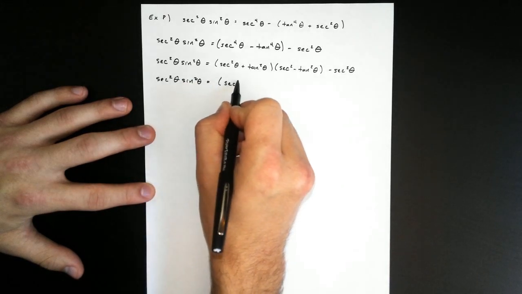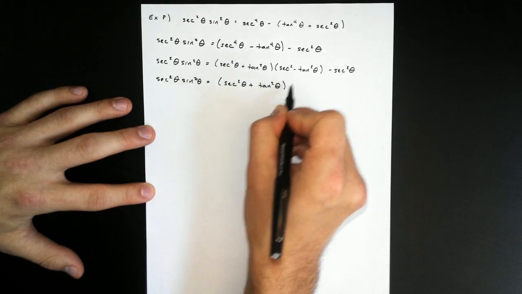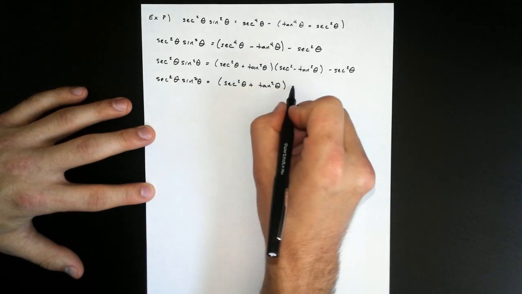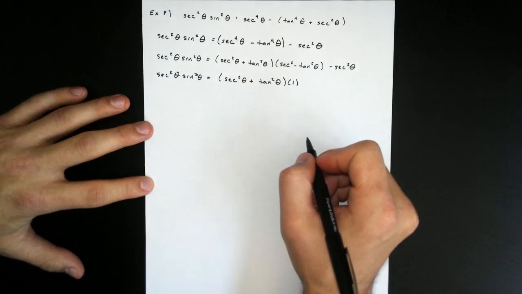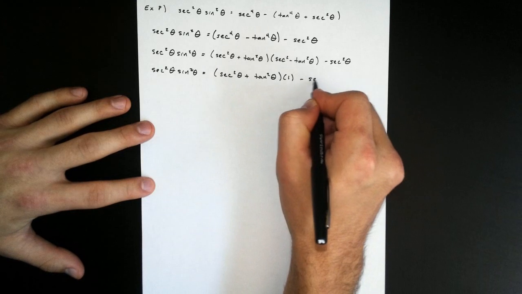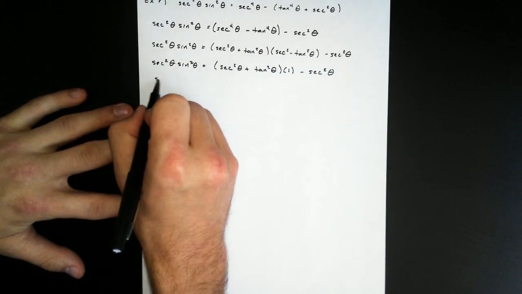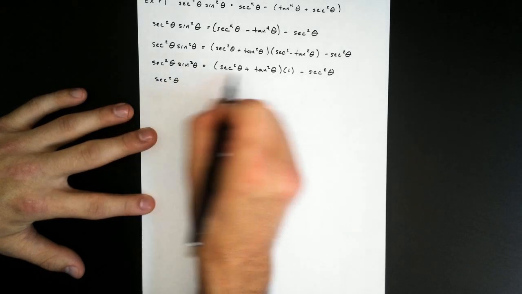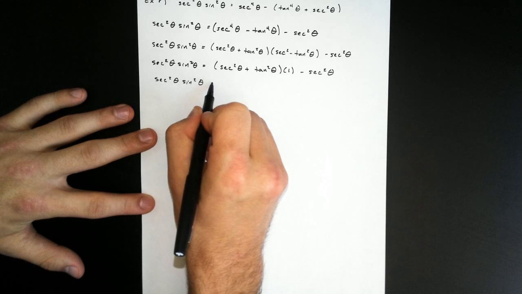Here we have the secant squared plus tangent squared, and then that's just equal to 1. So we don't necessarily even have to write that, but I'm just putting that step in to show you what's going on. And now our parentheses, because we're multiplying by 1, we don't need those.